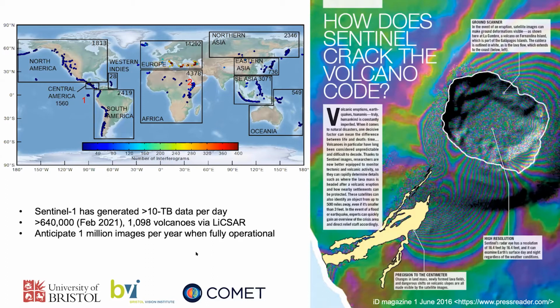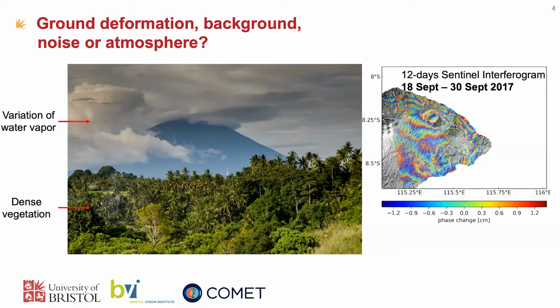The problem is that the concept of measuring ground change is very simple, because you just compare the radar signal between two times. However, volcanoes are always in areas that have lots of vegetation and water vapor. So how do we know whether the signal is actually ground deformation, or atmosphere, or noise?